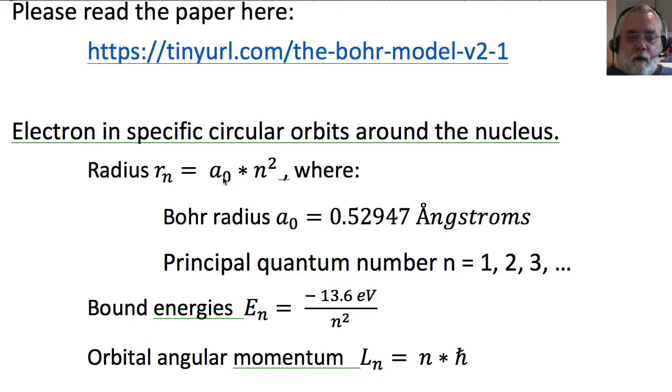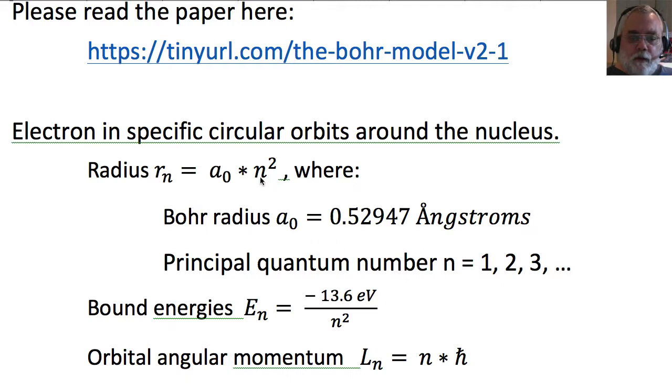They're always a multiple of the length called the Bohr radius, A0, which is about half an angstrom. But the multiples are the Bohr radius times an integer squared, where the integer n goes from 1, 2, 3 on forever.